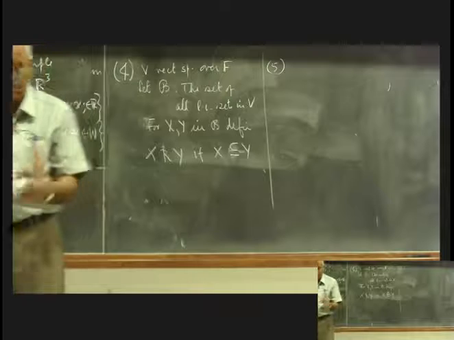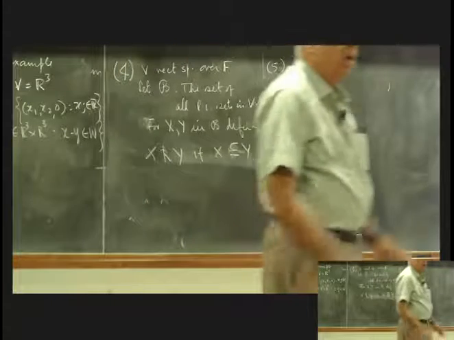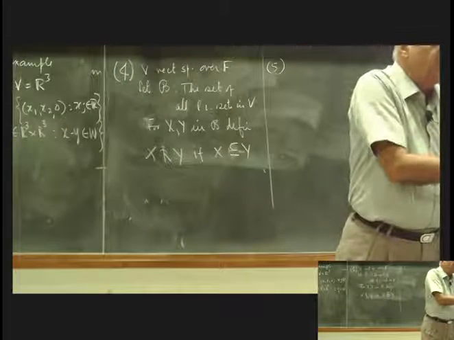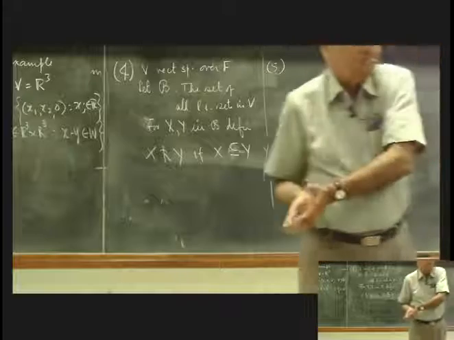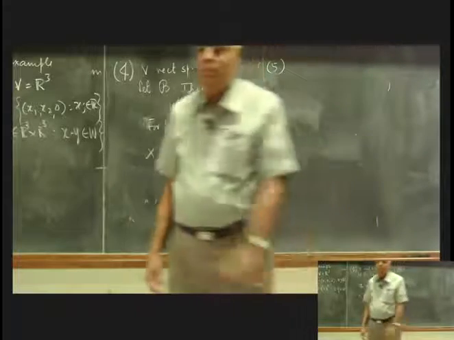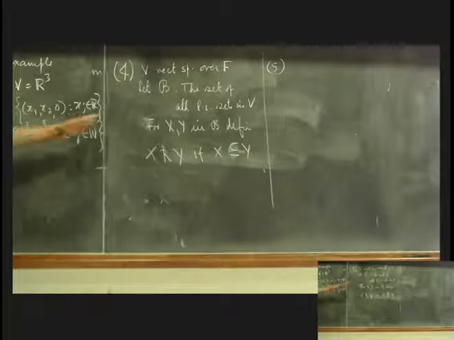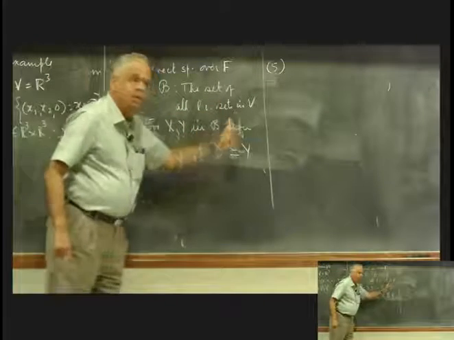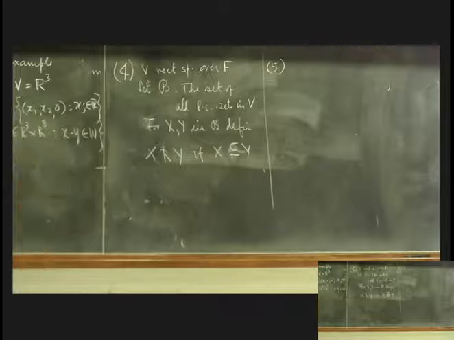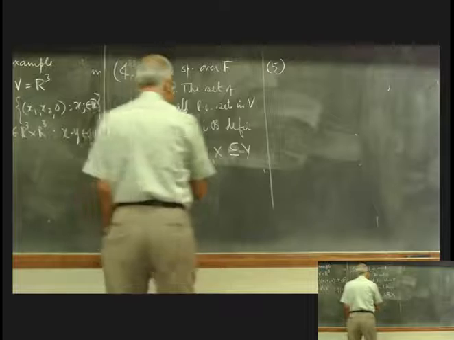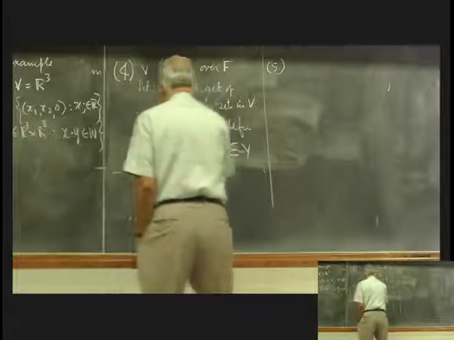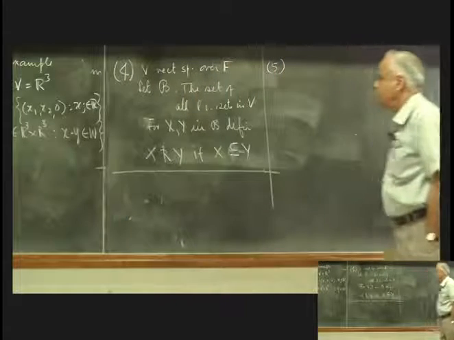Either the linearly independent set X is the same as the linearly independent set Y, or every vector in this linearly independent set X also appears in the linearly independent set Y. It's a subset of Y, not a subspace of Y, because I am not talking about subspaces here, only linearly independent sets. So that's a relationship.